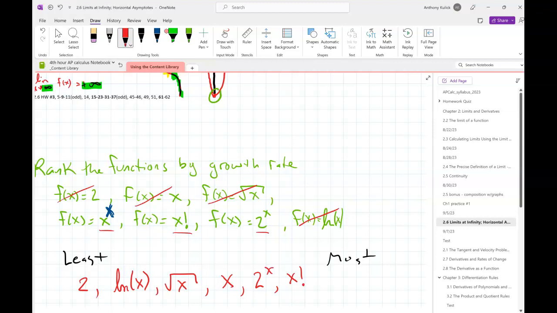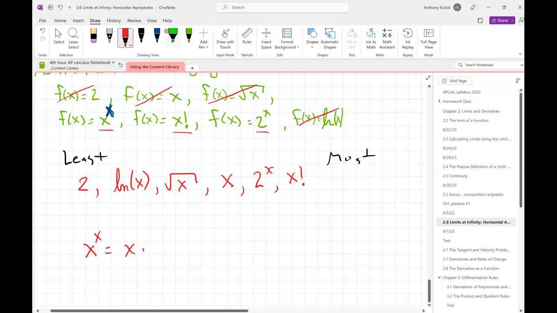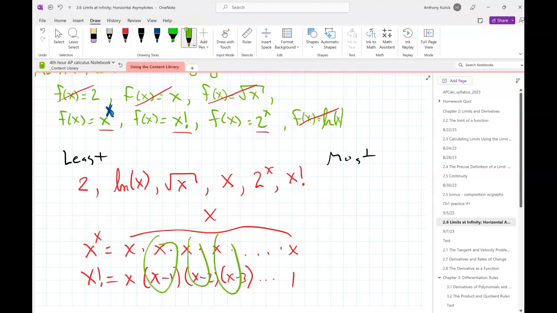So after the first one where they're tied, every factor is bigger. x is bigger everywhere, except for that very first multiplication, which is tied.